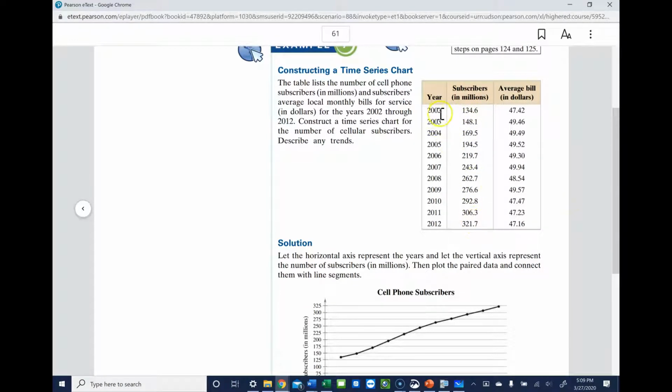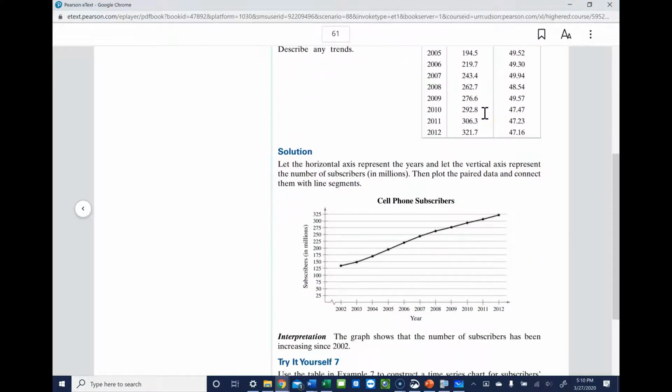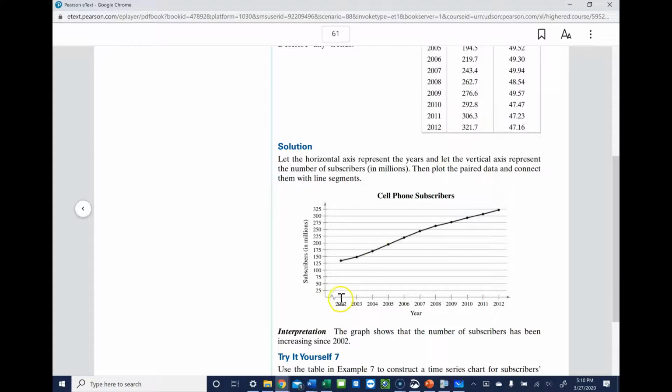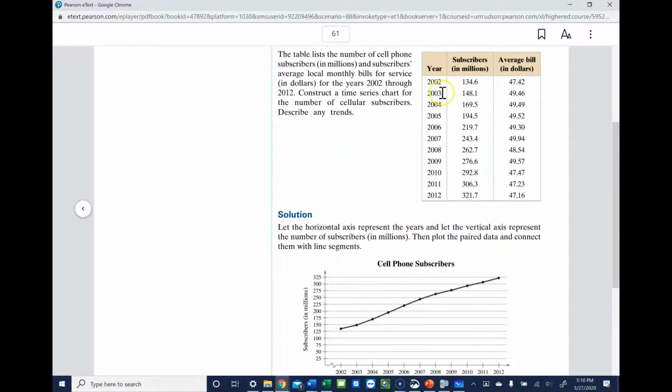So the first ordered pair would be the year 2002 paired with the number 134.6 million. So notice the first data point is at that ordered pair, 2002 and 134.6. Notice they didn't put the millions, they just put millions in parentheses right here. The next ordered pair is 2003, 148.1.